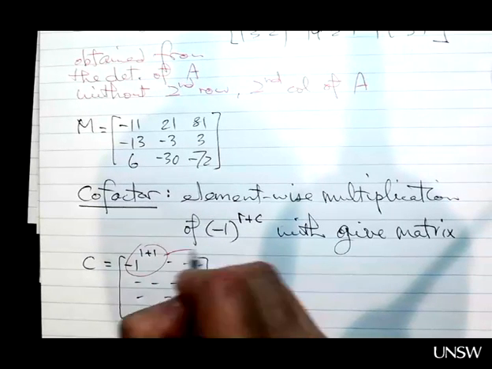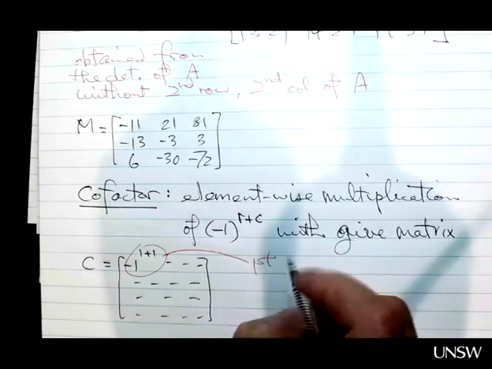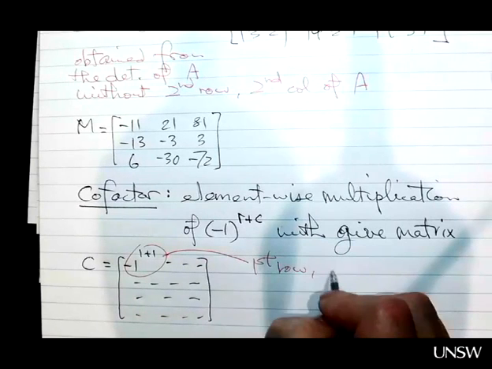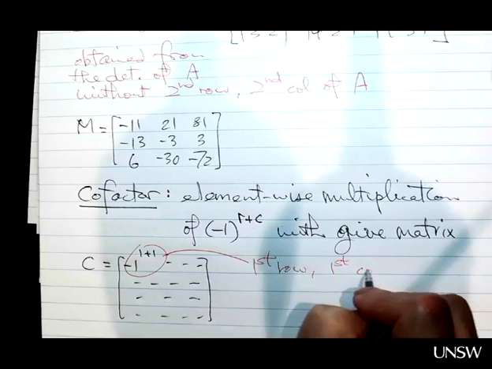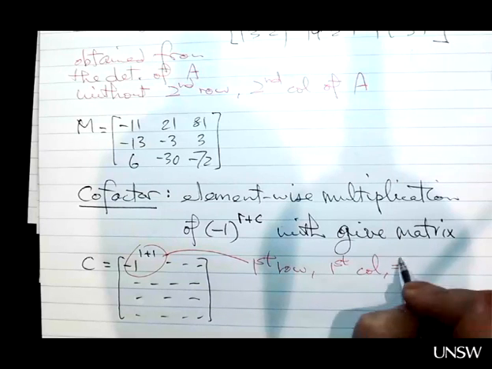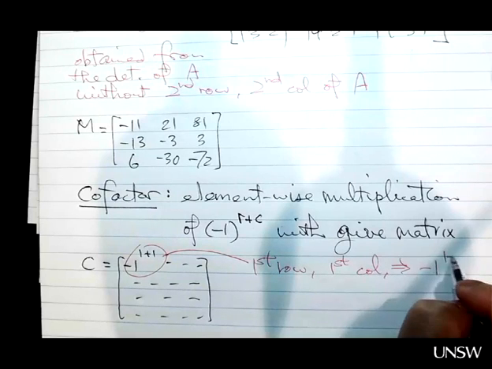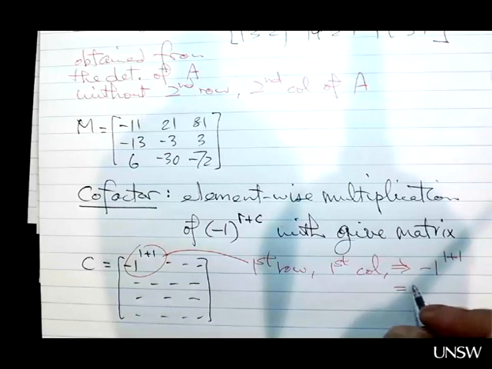So this is the first row, then first column. Then -1 to the power of 1 plus 1 equals -1 squared equals 1.